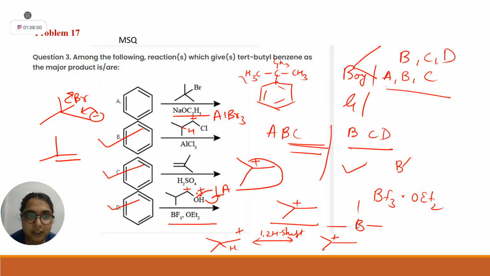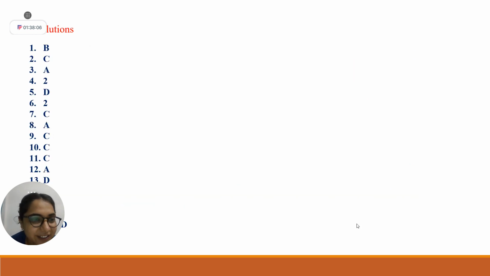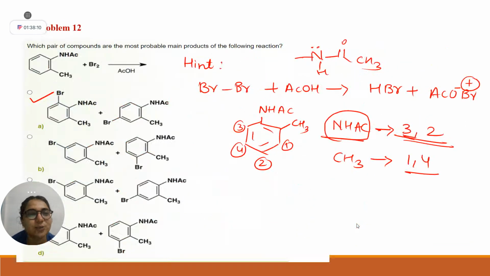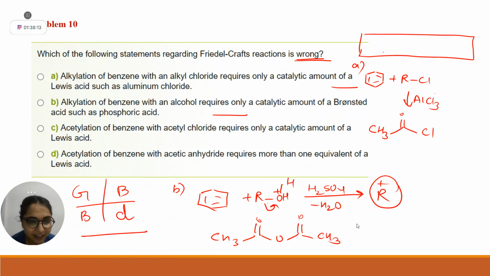So we have covered all the questions. Now we have to check the answer for problem number 10. The 10th answer is C. Now let's see who has given the answer. No one has given answer C. Acetylation of benzene with acetyl chloride.